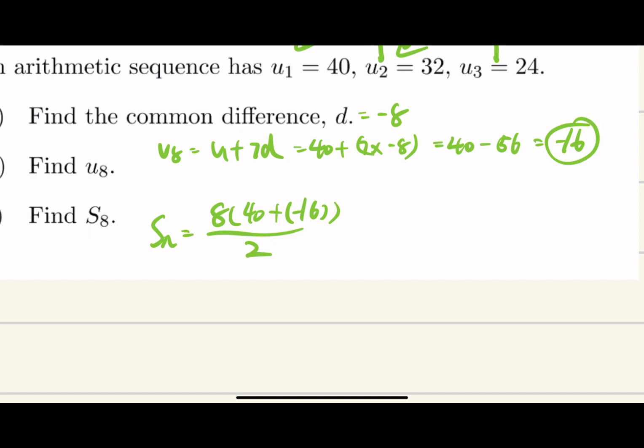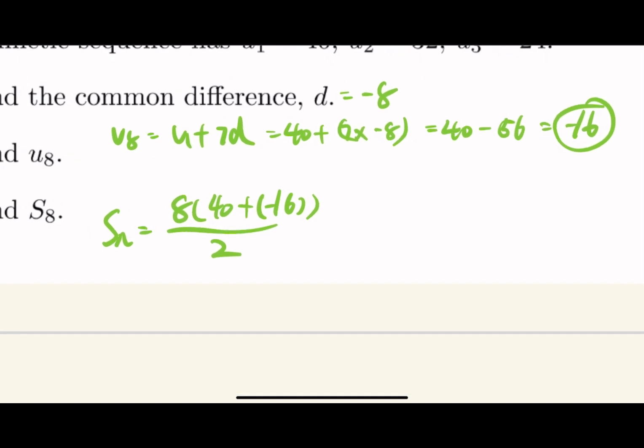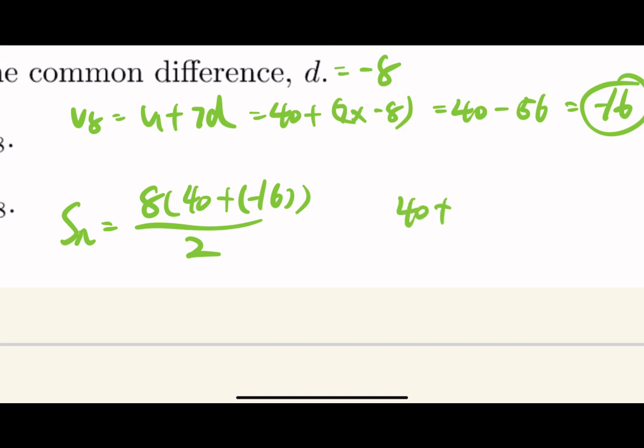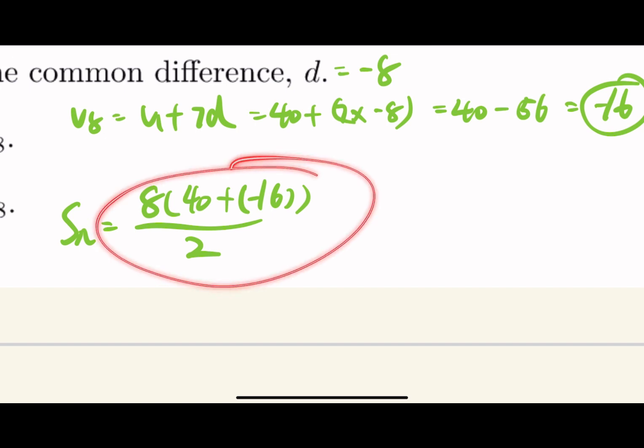When you're adding a negative number, what you do is add a bracket here. So that will look really nice and really formal. You don't write 40 plus minus 16. That would look really weird. And when you calculate it, you will get your answer.